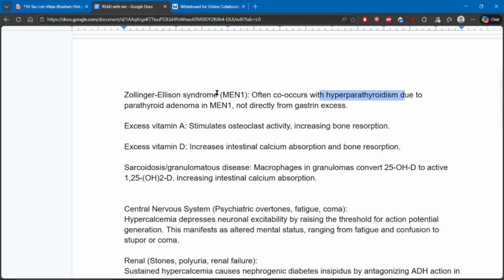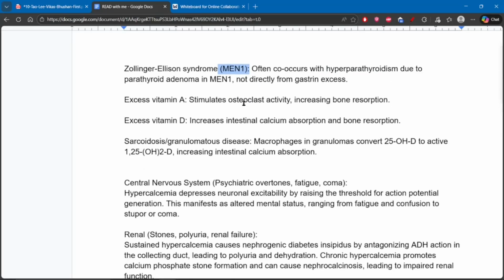But I could say a better word for this would be that MEN1 is a cause of hypercalcemia. Not necessarily Zollinger-Ellison syndrome. Zollinger-Ellison syndrome and hyperparathyroidism are a part of MEN1, right?